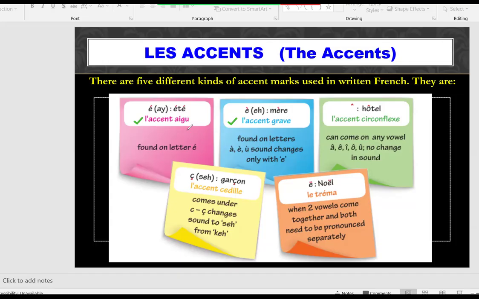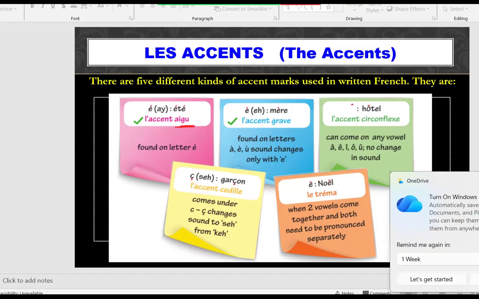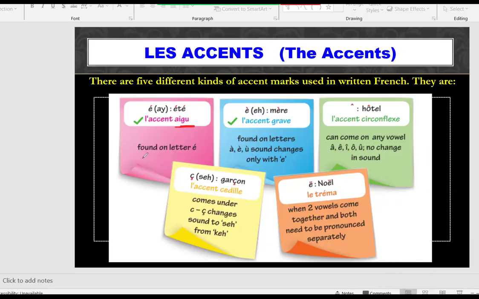Now, what is accent aigu? Accent aigu is a symbol. It is found on letter E. So, this is E. If I put this accent like this, just above the letter, be very careful, it has to be just above the letter. You don't put the accent touching the letter or floating in the air.